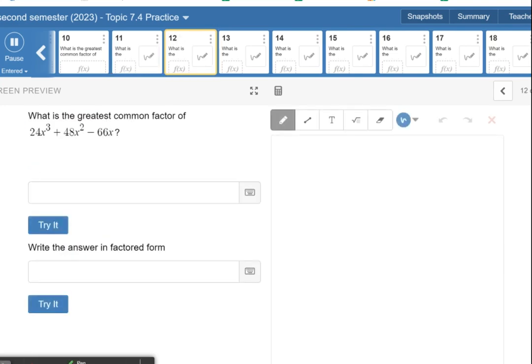So now we're going to do the same thing. In your calculator or on slide 1, you're going to type in GCD 24 comma GCD, and then 48 comma negative 66.